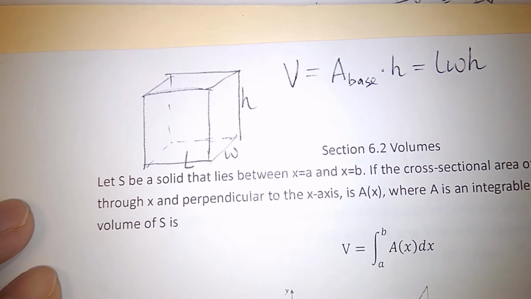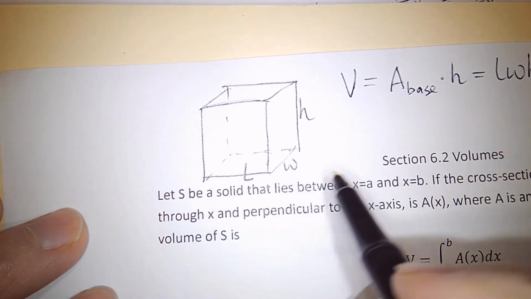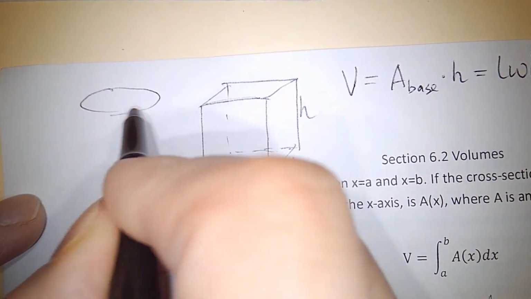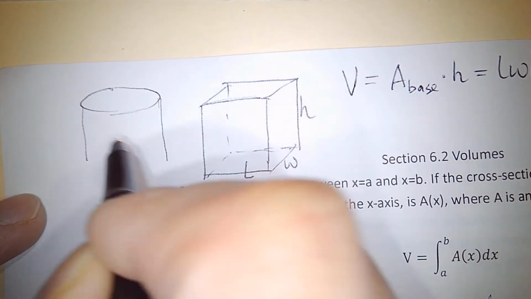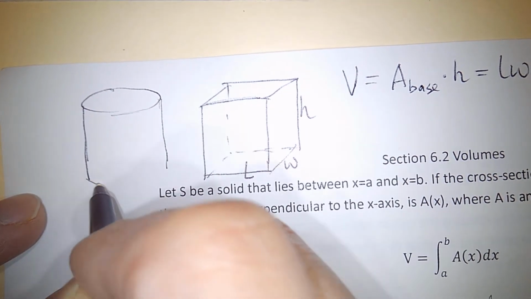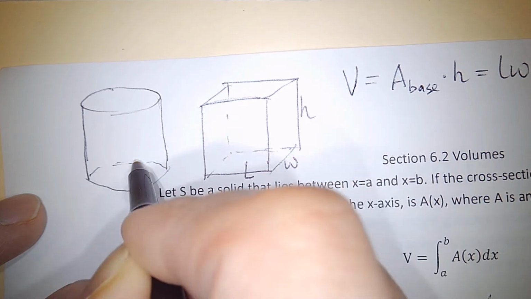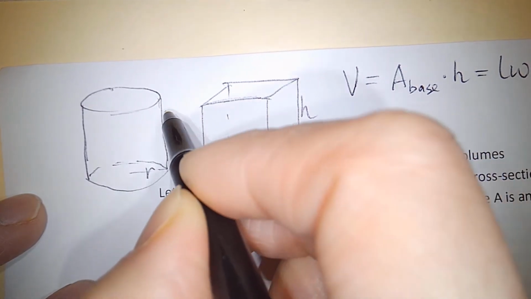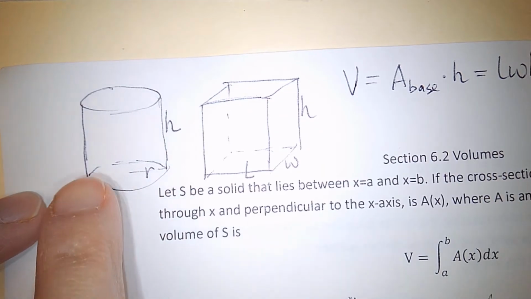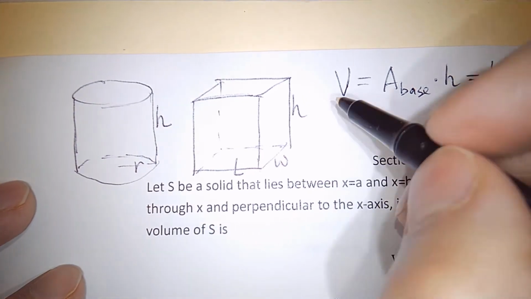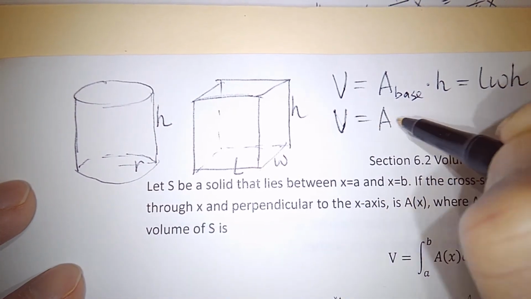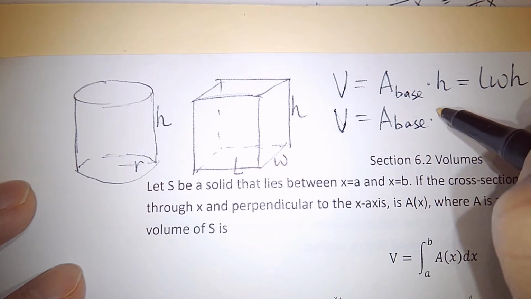How about for a cylinder? If the base has radius r and the height is h, how do we find the volume? Remember, volume equals area of the base times height h.